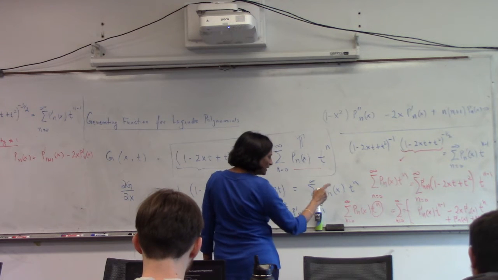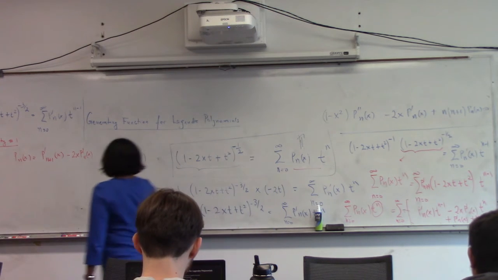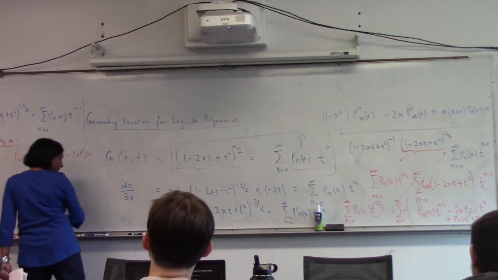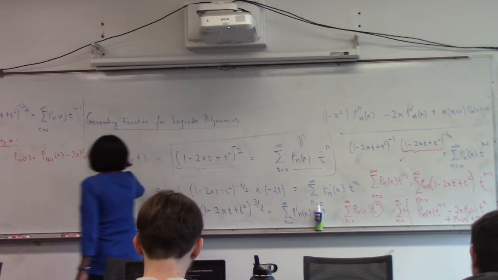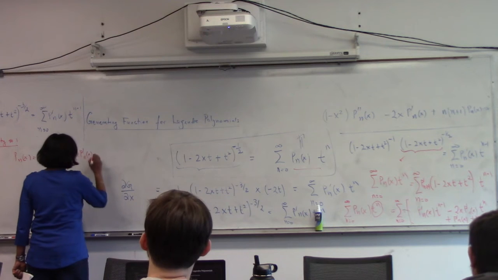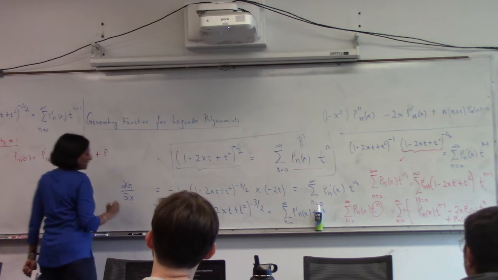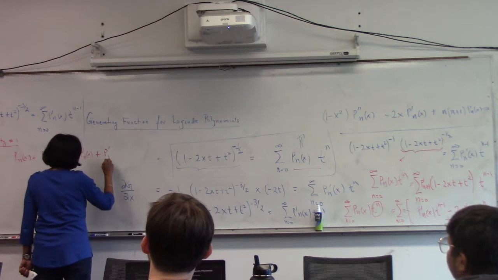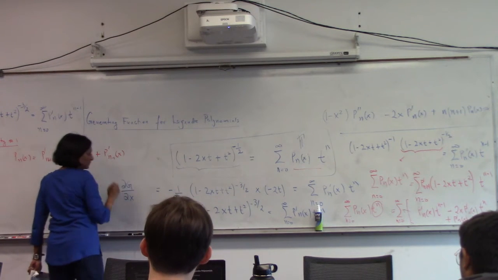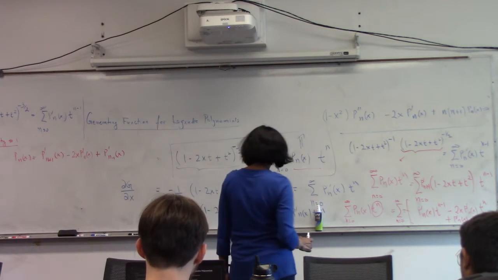The last one I have to make n as n minus 1. So the last one would be plus p prime of n minus 1 of x. Do I have all the terms correctly?